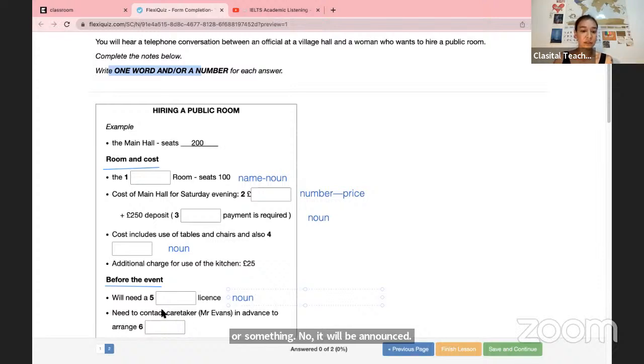Need to contact caretaker, Mr. Evans, in advance to arrange something. Let's keep in mind that it will be one word. If it was two words, maybe we would be looking for something different, but because it is one word, it will be some noun, because we need to arrange something.